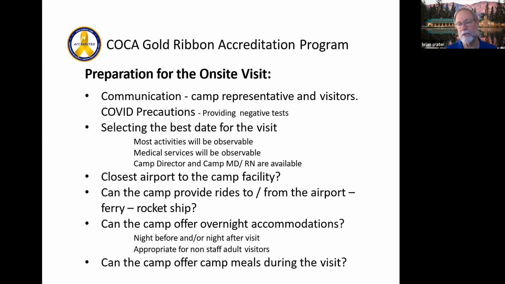If that's not possible, COCA will reimburse for overnight stays and those kinds of things. But we're always trying to work the budget the best way we can, and to do the most work with the money that our donors are giving us. So we ask you at least to have that conversation.